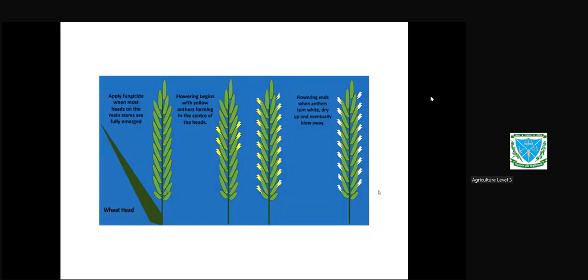Here you see these slides showing you some basic things. How you can identify the flowering is completed or flowering is started.